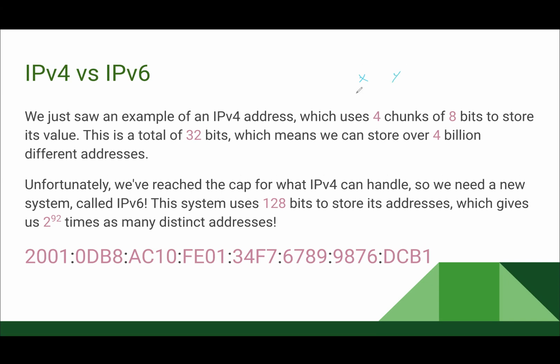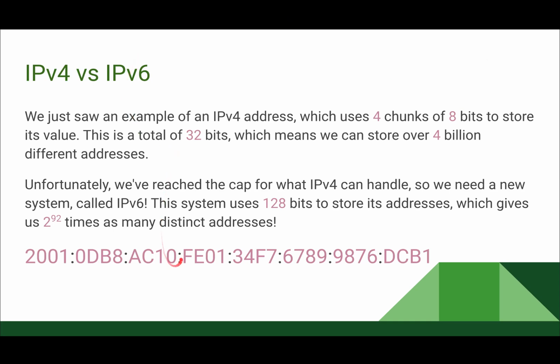X here is 32, y is 128, and the difference was 2 to the power of y minus x times as many values. So 128 minus 32 is... it should be 96. Pretend I can do math. But an astronomically large number more values can be stored with 128 bits.